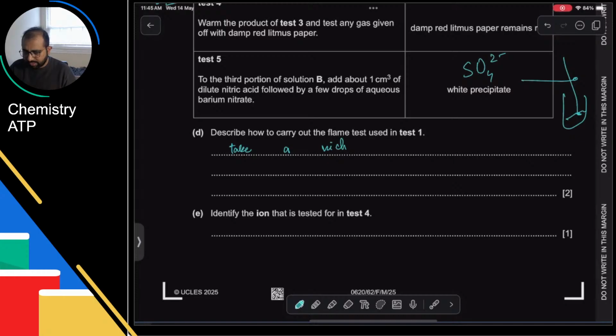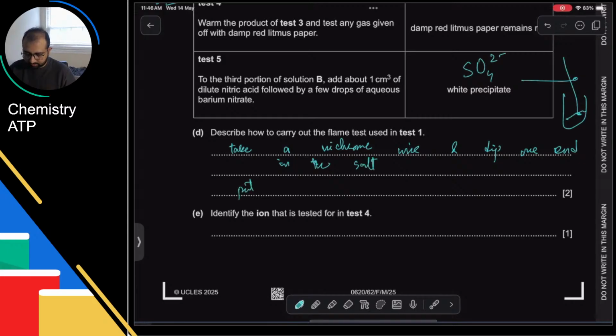So you can take a nichrome wire. Why nichrome? Usually we take nichrome, but it doesn't have to be nichrome. Nichrome has a high resistance, so that's why we use it. It doesn't melt that easily. It doesn't heat up that much. When you're holding it, of course you have to wear gloves and everything. So take a nichrome wire and dip one end in the salt.